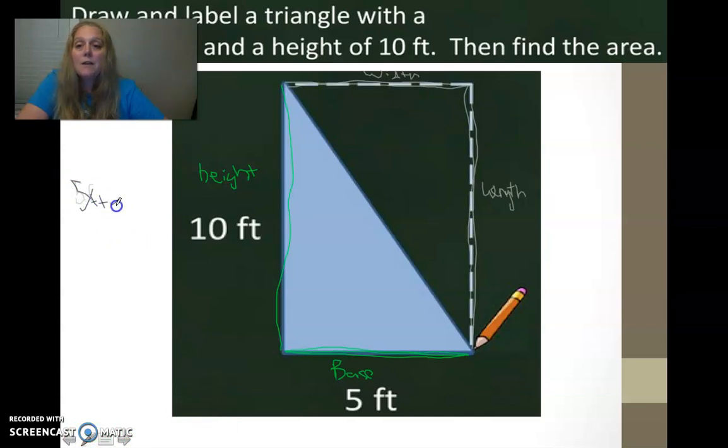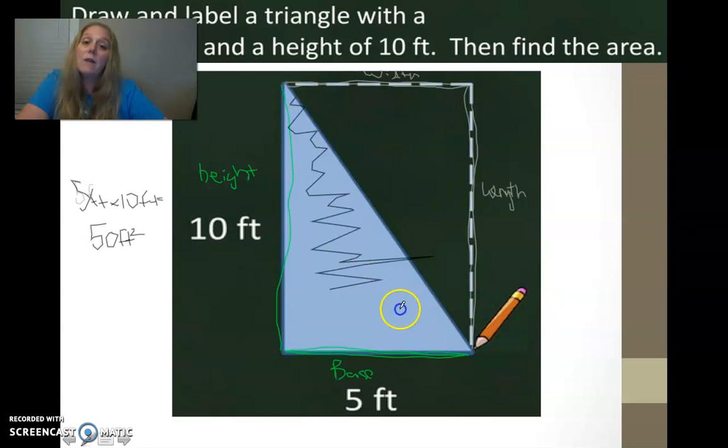So 5 foot times 10 foot, that's going to be 50 feet squared. Now keep in mind, 50 feet squared is going to be the area of the entire rectangle. We're not interested in finding the area of the rectangle. We're only interested in finding the area of the right triangle.